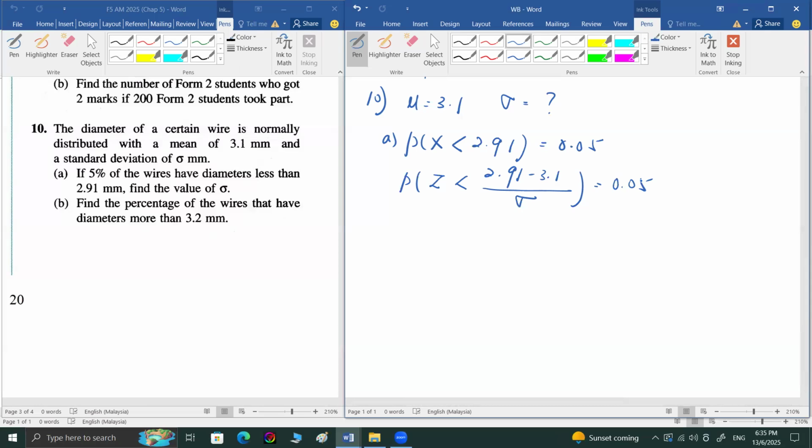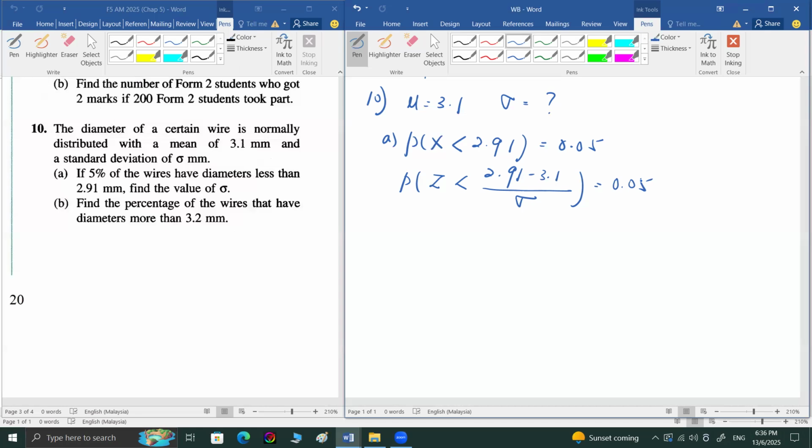You can refer to what you have learned in number 5, Question 5.3, how you get it. I hope you still remember. If you can't memorize, you can get my recording to see back how to find it with the table or the calculator of EX. So I do some revision for number 10.